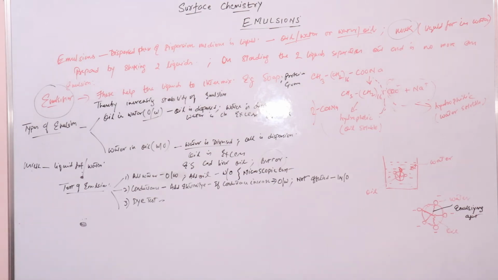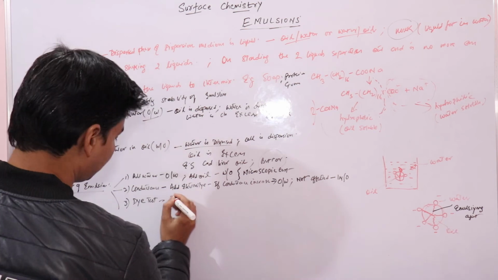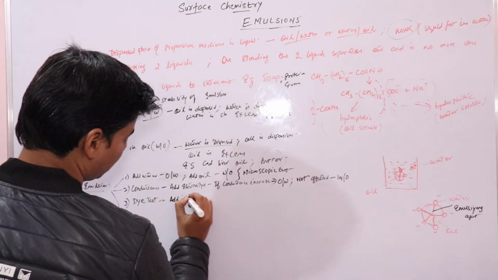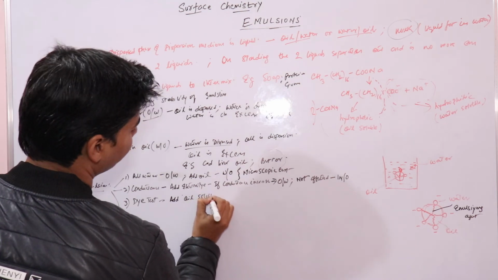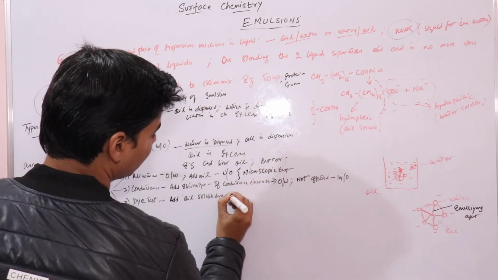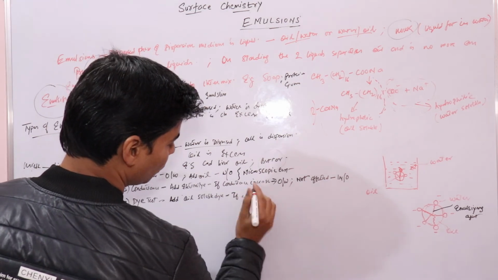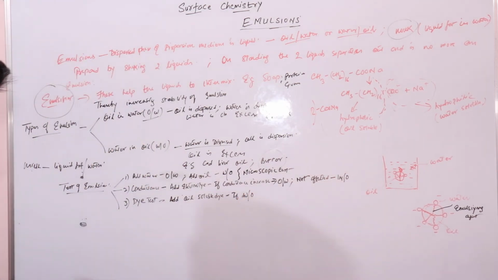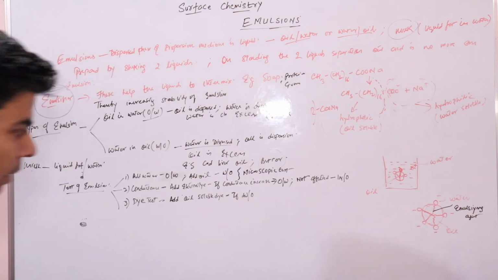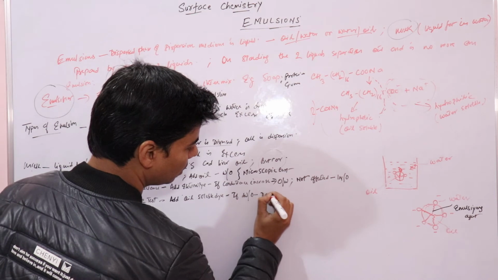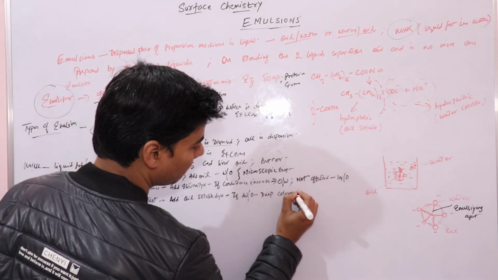A small amount of an oil soluble dye is added to the emulsion, and if it is a water in oil emulsion, it becomes deeply colored, otherwise it remains colorless. Since this dye is soluble in oil, it gives you a deep color, right?